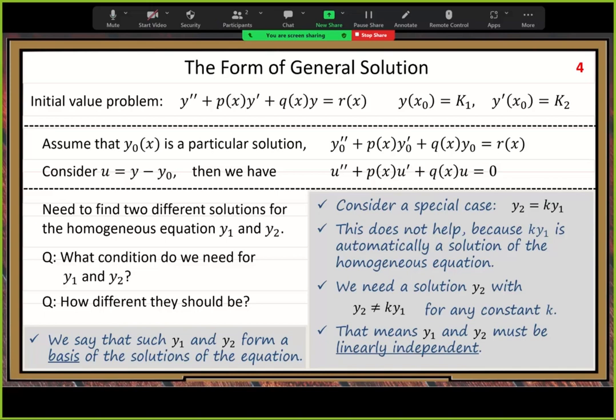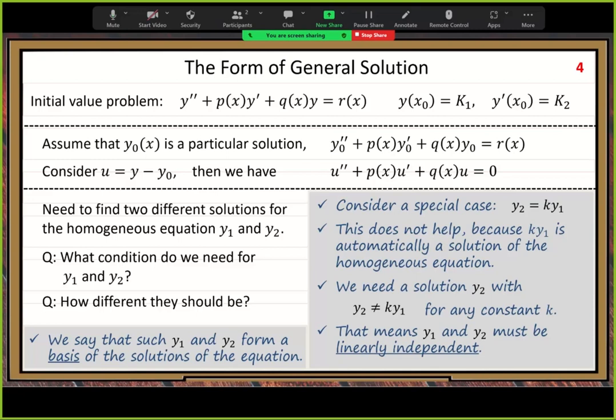Then y2 is not a good choice for the representative. Not good choice because y1 is good enough to represent y2, right? Think about this. If y2 equals k multiple of y1, how about we just eliminate y2 because we can use y1 to represent y2. We only need to multiply a constant. Simple constant. We don't need y2. So we can eliminate y2.